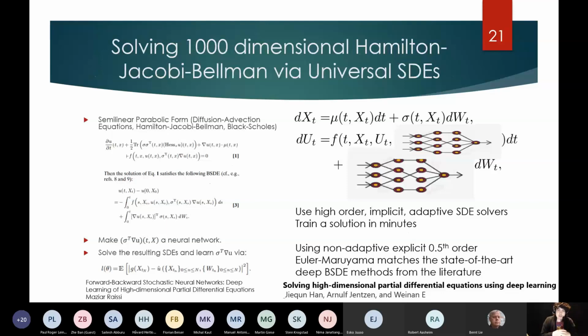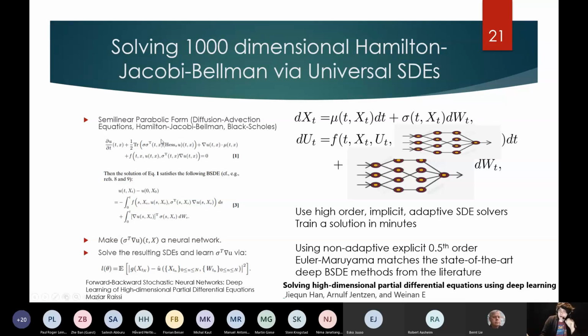Another interesting case of this is solving thousand-dimensional partial differential equations. Usually you think about PDEs as one-dimensional, two-dimensional, three-dimensional, but you can get up to thousand-dimensional PDEs if you look at partial differential equations where the dimensionality is determined by probabilistic quantities.